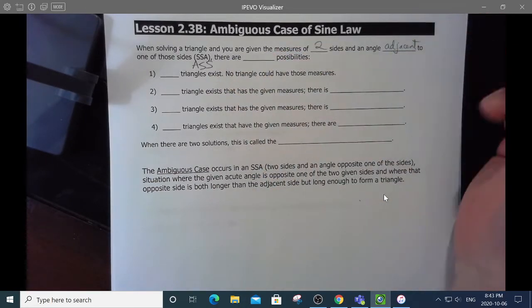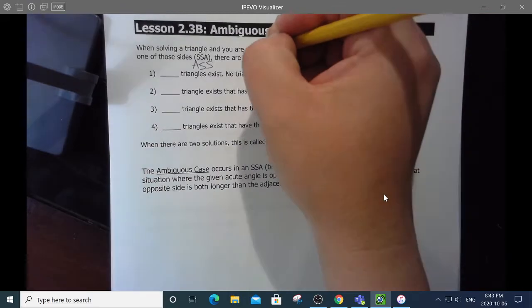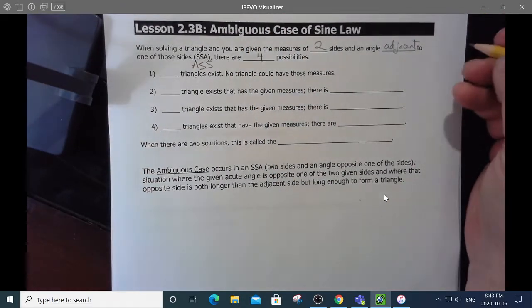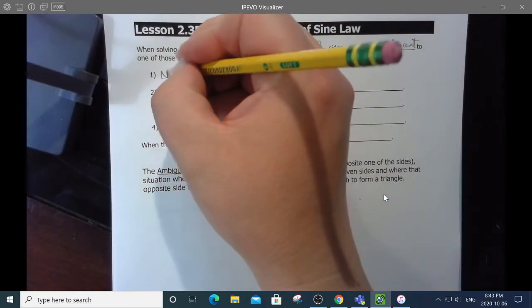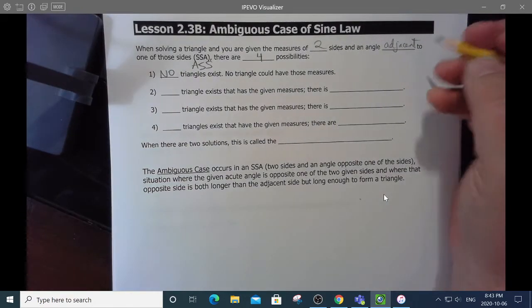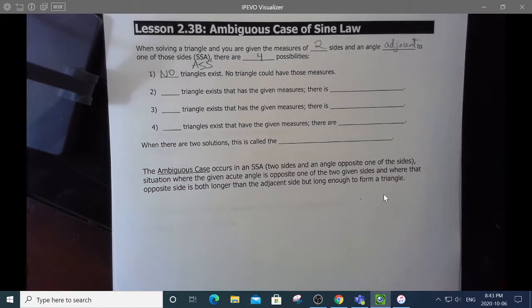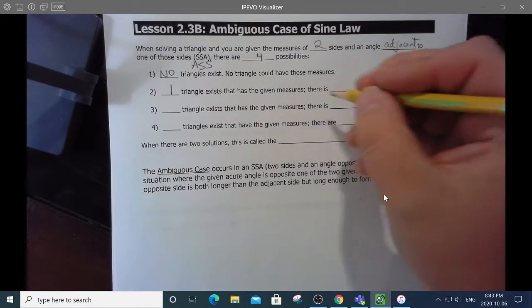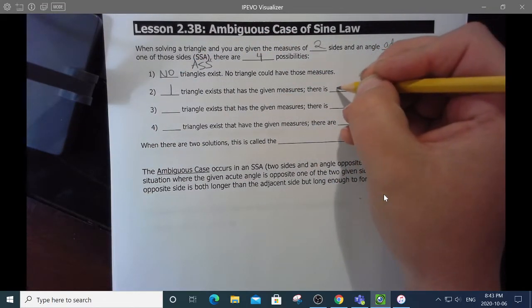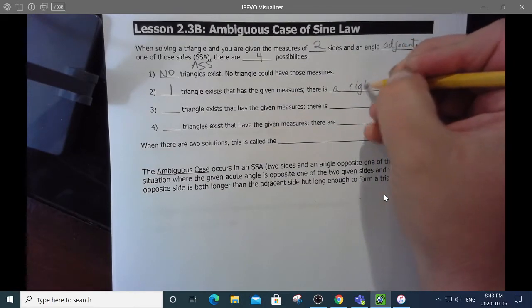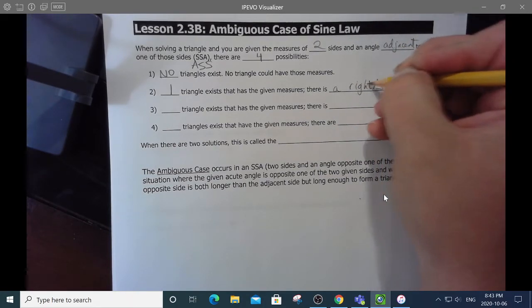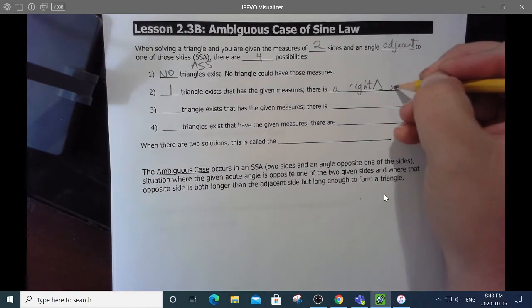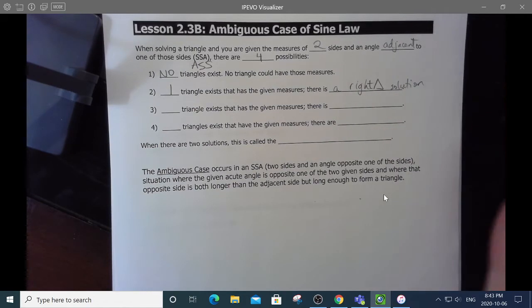When you see angle-side-side, there are four possibilities. Number one, no triangles exist. No triangle could have those measures. Possibility number two, one triangle exists that has the given measures, and there is a right triangle solution.